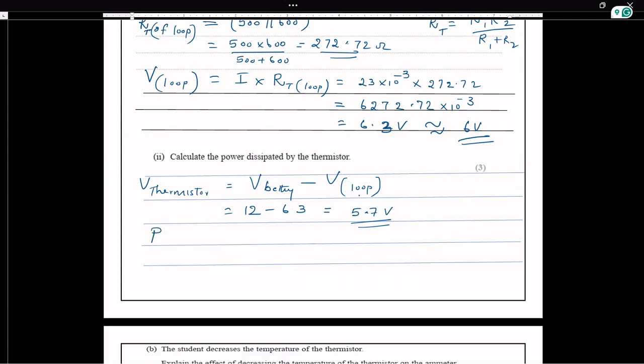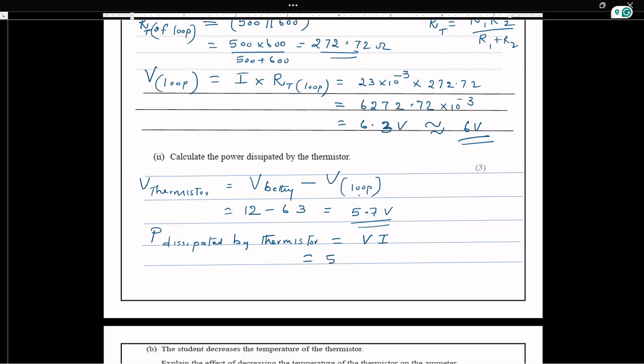Therefore, now the power dissipated by thermistor equals voltage times the current.